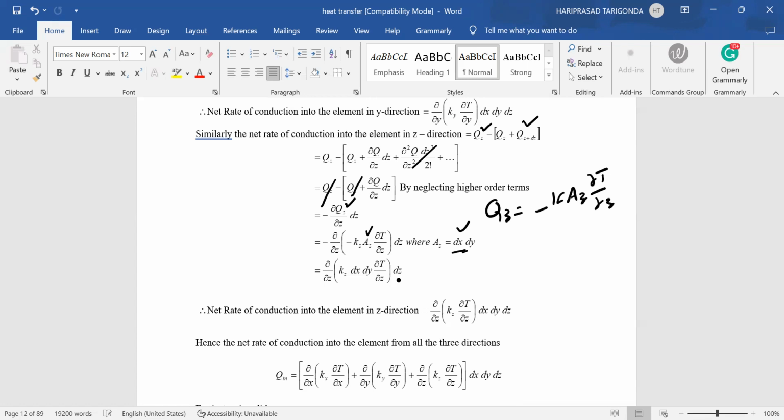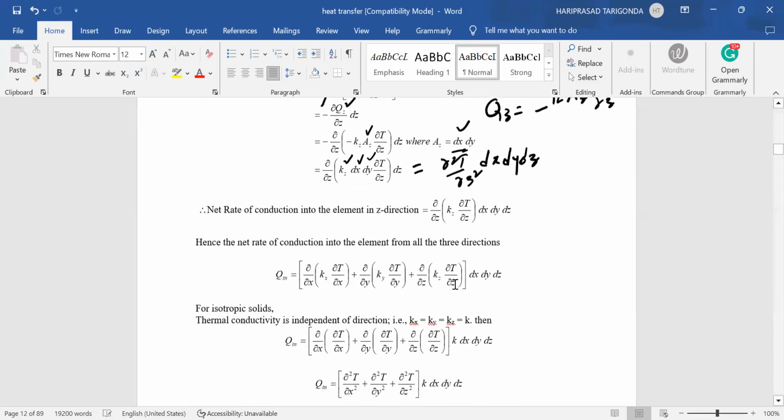Substituting all these, you will get ∂/∂z of k dx dy ∂T/∂z into dz. Since we are differentiating with respect to z, assuming k is constant throughout the material and dx dy are constants, the simplified equation will be ∂²T/∂z² k dx dy dz, which is the heat conducted into the element in z direction.